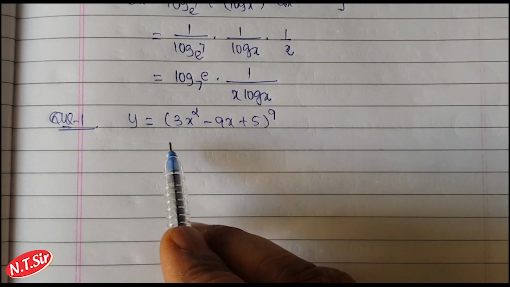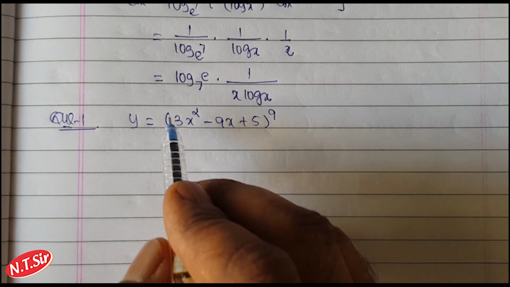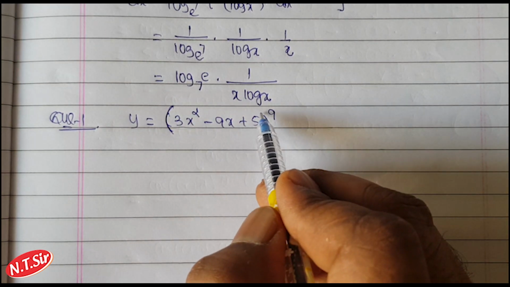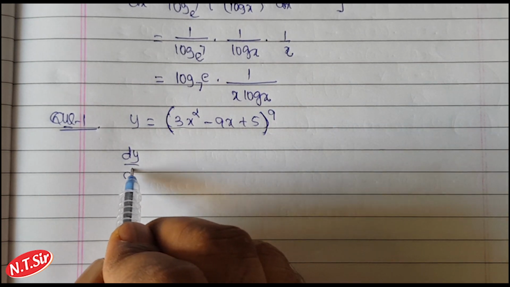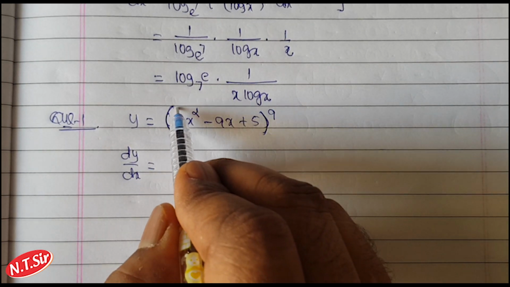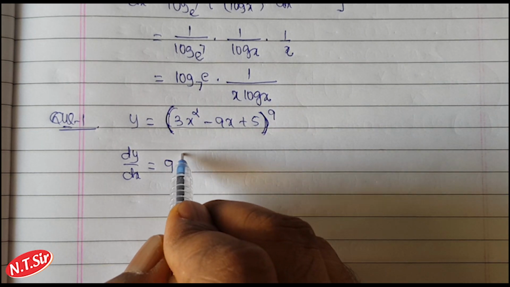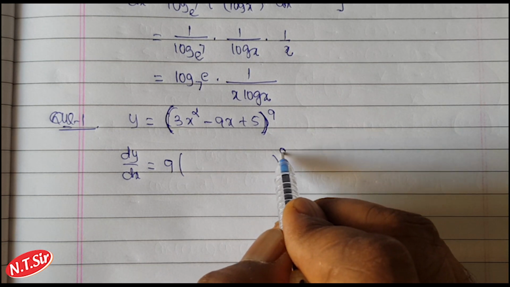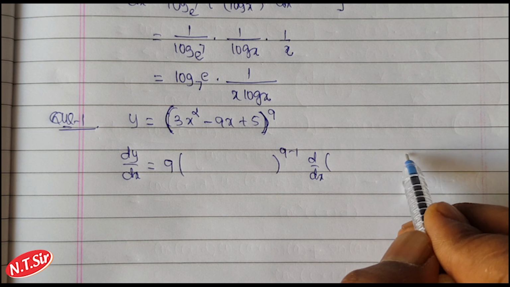Question number 1. y is equal to 3x square minus 9x plus 5 raised to n. So this is your bracket. Bracket raised to n. So dy by dx is equal to derivative of bracket raised to n, which is n bracket raised to n minus 1 into d dx of bracket.